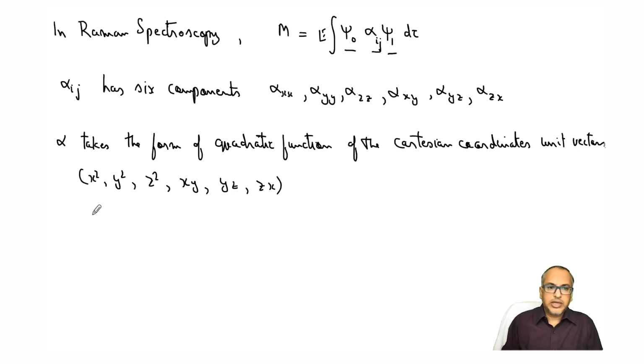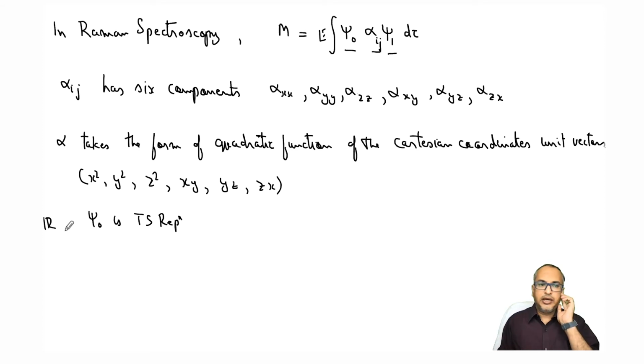Now here also psi 0 is a totally symmetric representation, right? So the IR for psi 0 is totally symmetric representation. IR is irreducible representation here, okay? Do not get confused with infrared spectroscopy, okay?